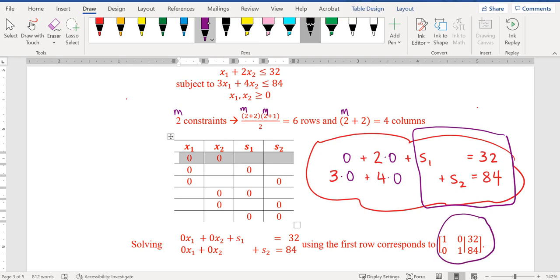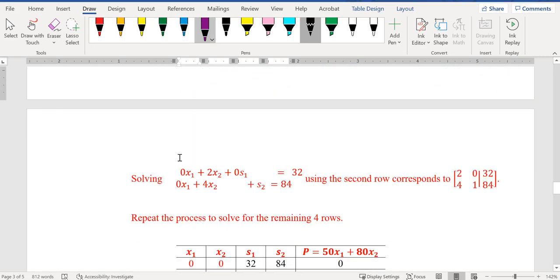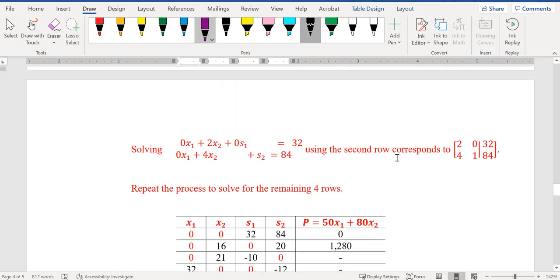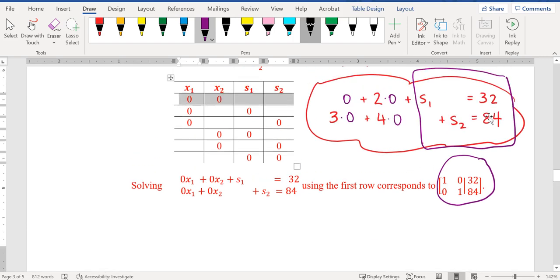You can also see that it corresponds to this matrix: 1, 0, 32, 0, 1, 84. So we see that s1 is 32 and s2 is 84.